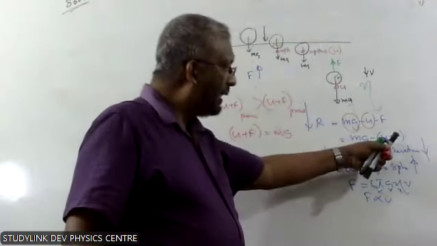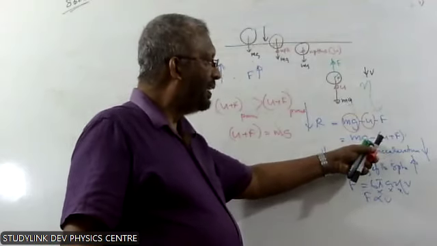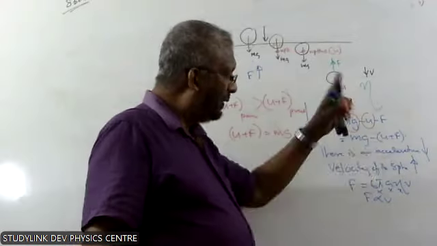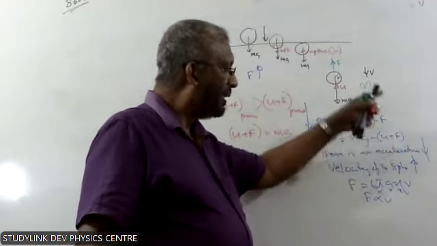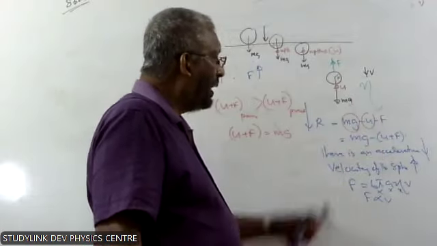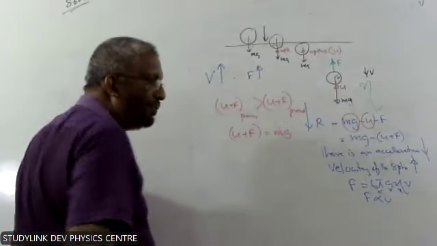Even as F increases, there is still a resultant force downwards. But then velocity increases, again F increases, so U plus F increases in the course of time. Then there is a situation where U plus F is equal to mg.